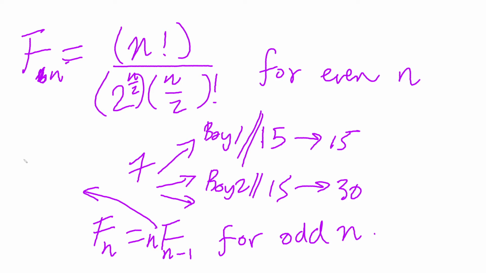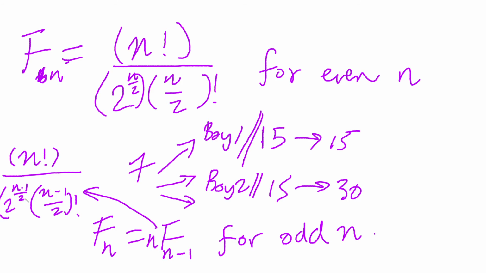I think this whole expression evaluates to n factorial over (n minus 1 over 2) factorial times 2 to the power of (n minus 1 over 2), because that's the new number of pairings, n minus 1 over 2, rather than just n over 2. But anyways, those are the 2 formulae you could possibly use to deal with this situation.